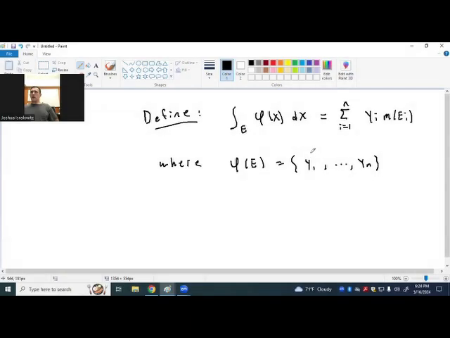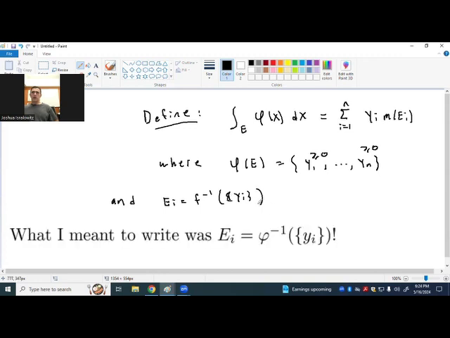So we're going to assume all of these are non-negative. And let's say E_i is the inverse image of each y_i.